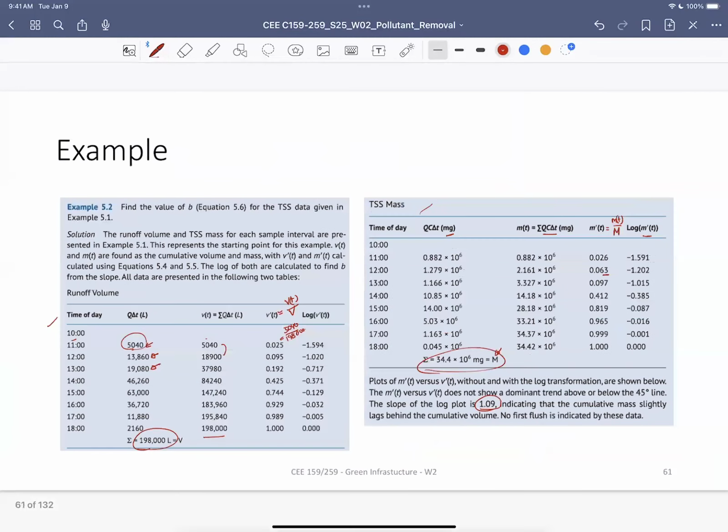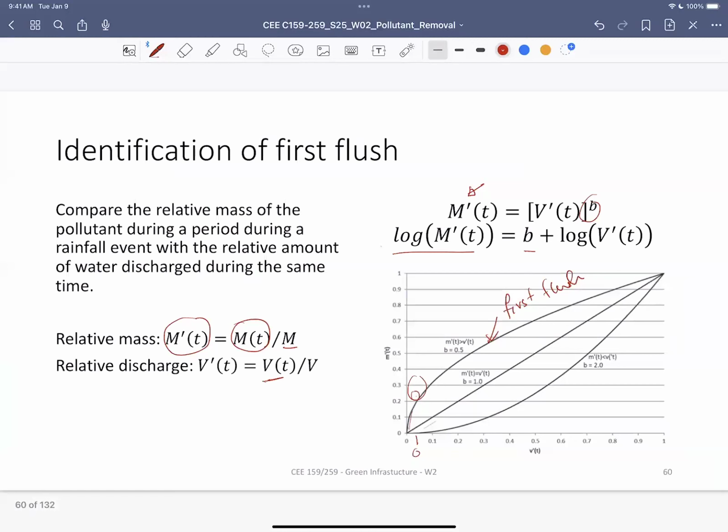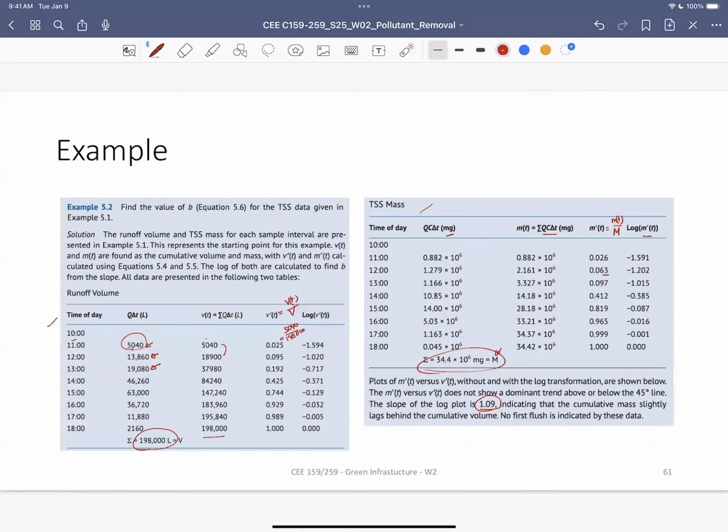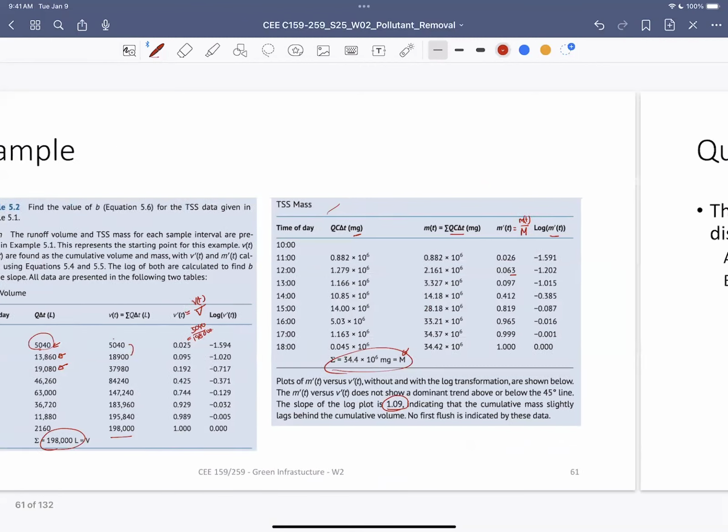Because it's less than 1, this basically slightly lags behind. Here the slope is different, so you can see that the slope is less. All right, so check the examples and then you'll be able to explain this much better.